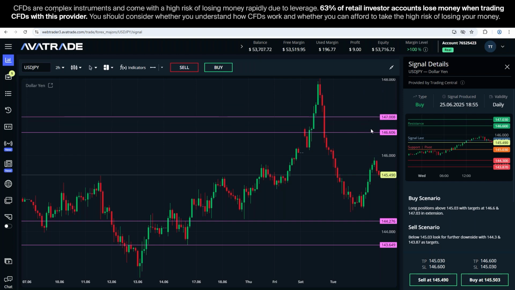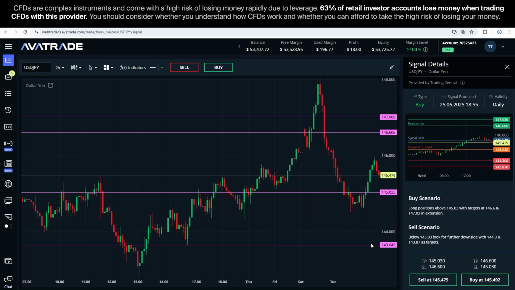Okay, so right about here's where the signal is saying maybe you would take profit in this area. Pivot line at 145.03. That's down here. Right about there, 145.03 for the pivot line. If it breaks below this line, they're saying, then you might think about selling.